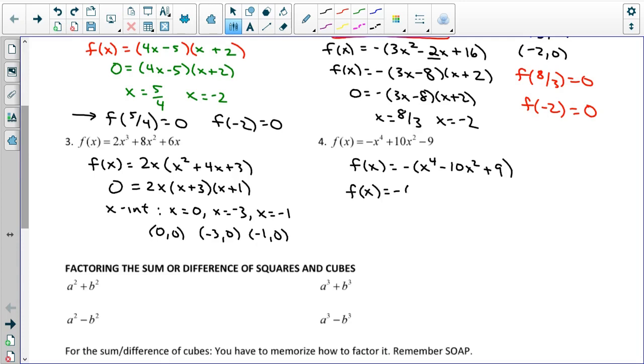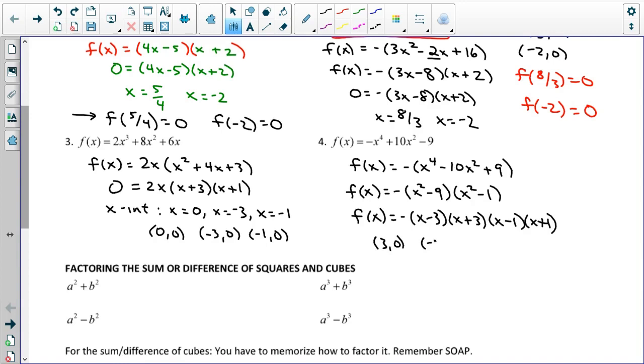So f of x equals negative x squared minus 9 times x squared minus 1. And then we can continue to factor this. So we have x minus 3, x plus 3, x minus 1, x plus 1. And so my x-intercepts in this problem would be at 3, 0, -3, 0, 1, 0, and -1, 0.